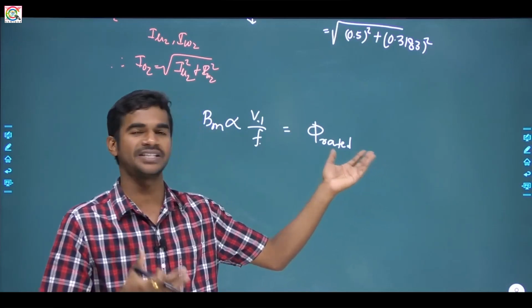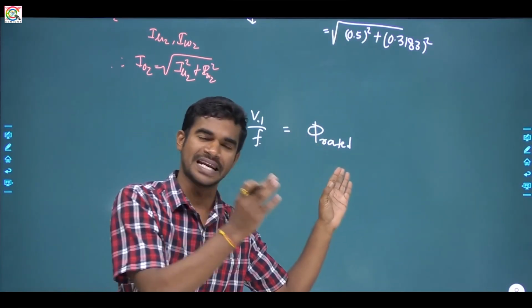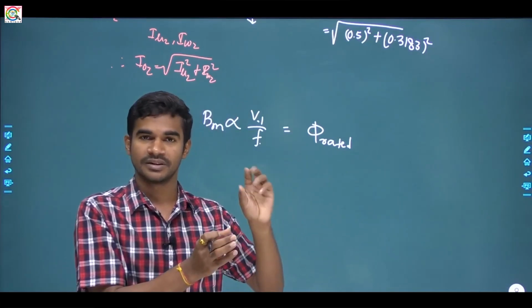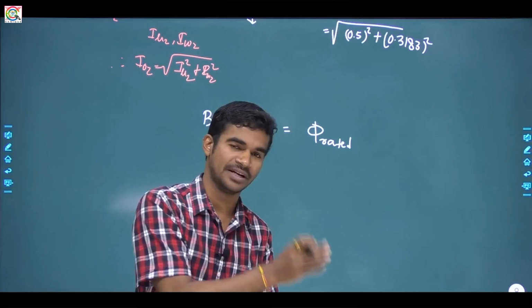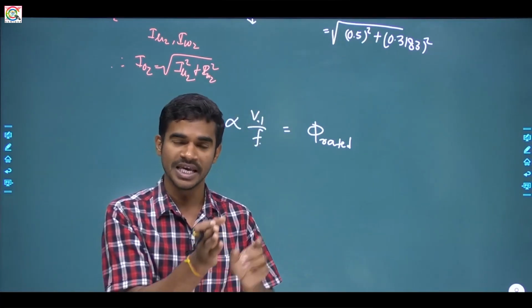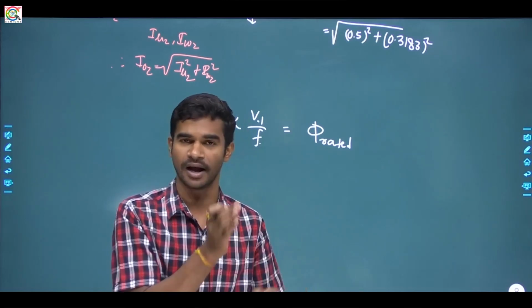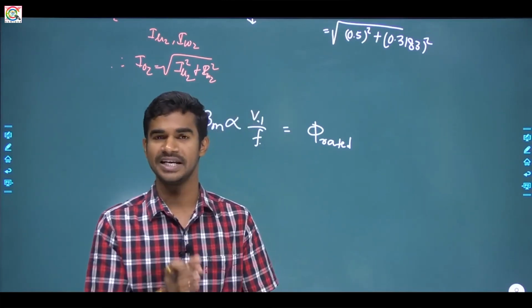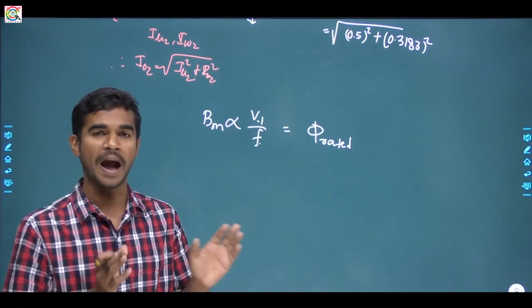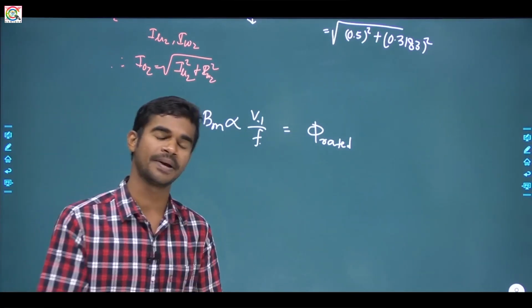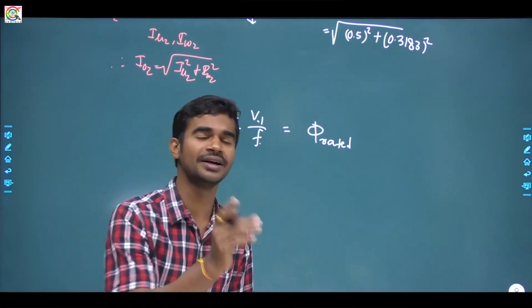The important condition is that whether the test is conducted on the LV side or HV side, it operates at the same flux, so the iron loss remains constant. So what was the iron loss in the first case? 100 watt. Here also it will be 100 watt.